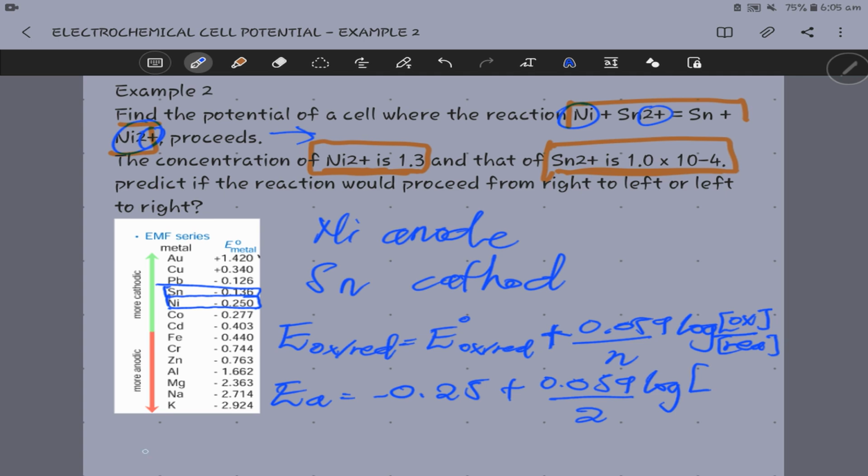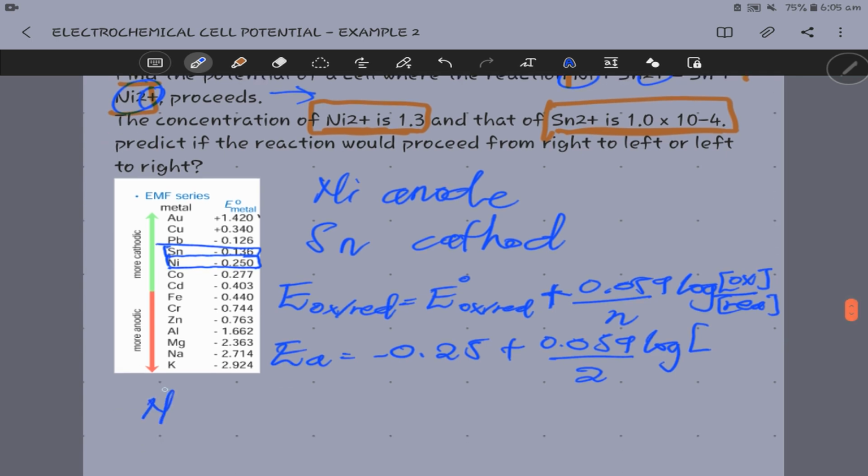So let's write the equations out. Ni2+ plus 2e minus gives Ni, and Sn2+ plus 2e minus is equal to Sn.